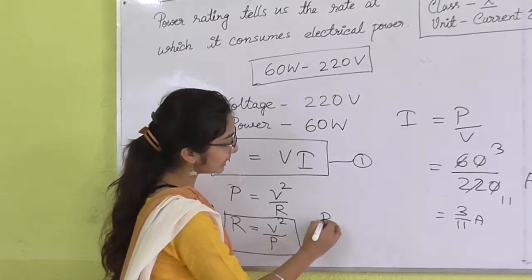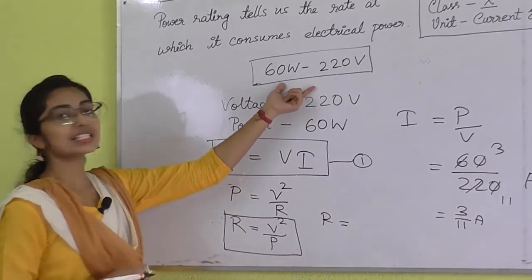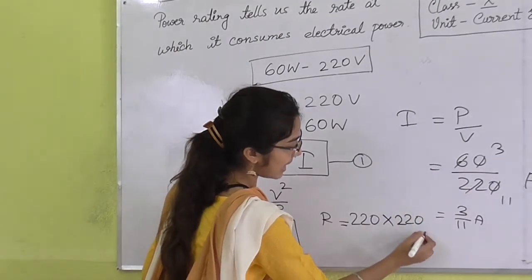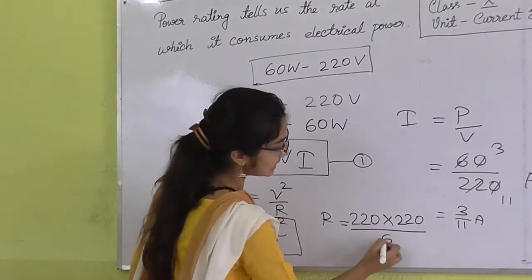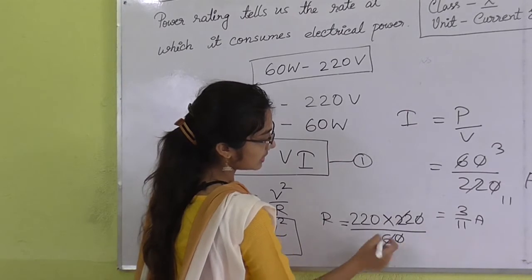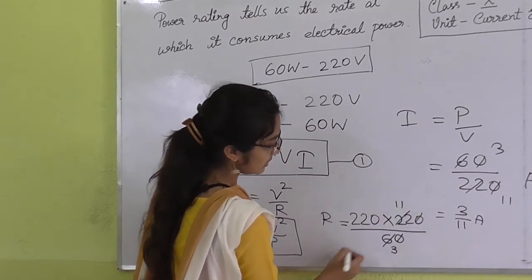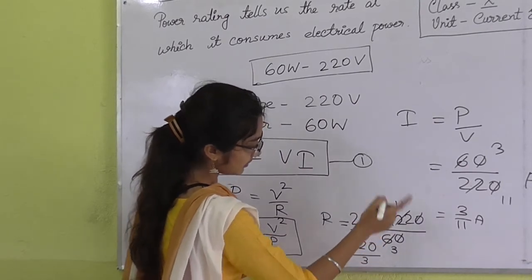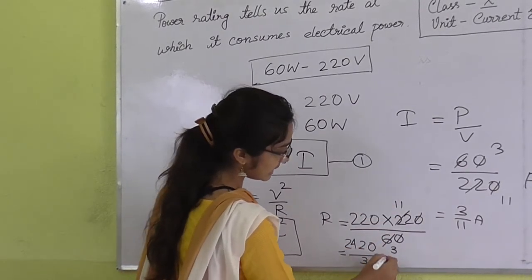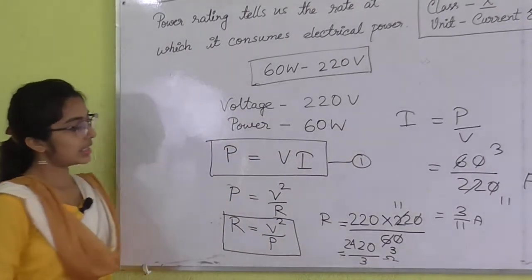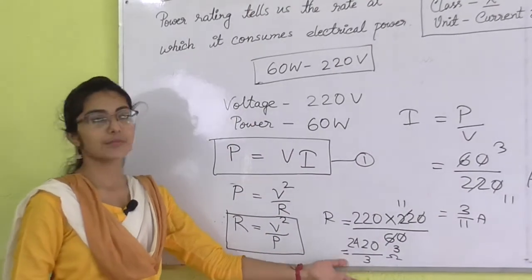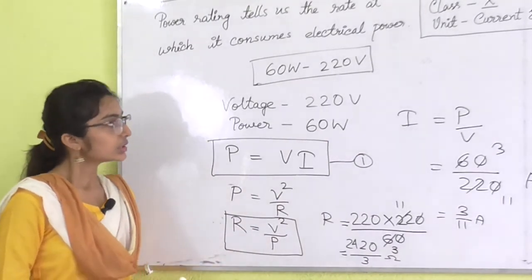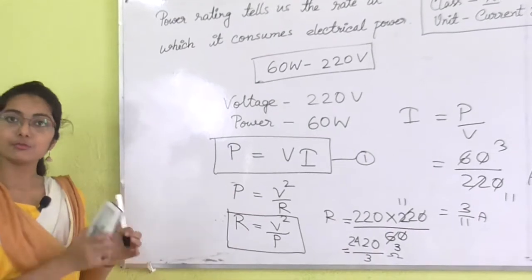So the resistance of the bulb is V square by P, where P is 60. So this amount of resistance, in ohm, is in the circuit of the bulb.